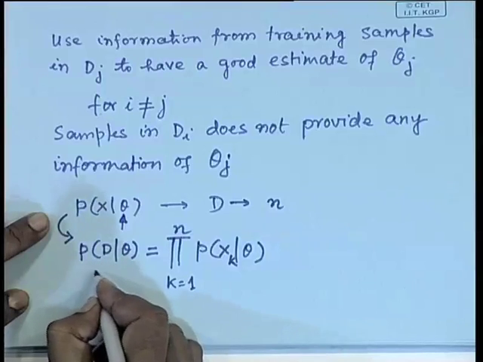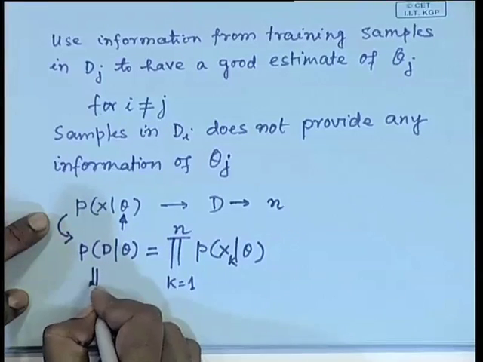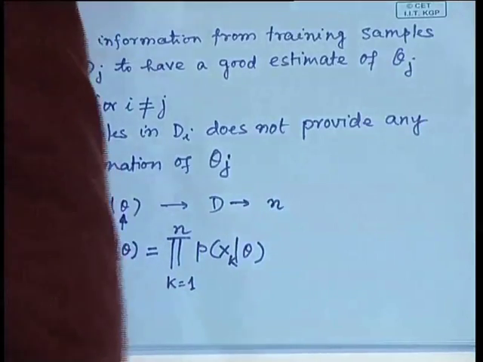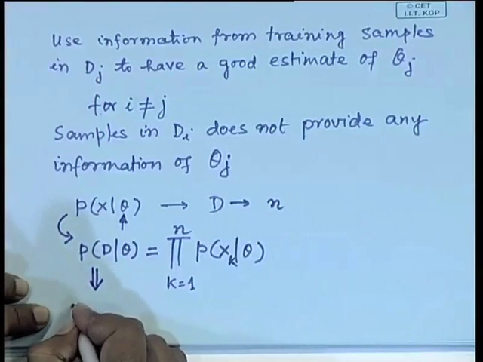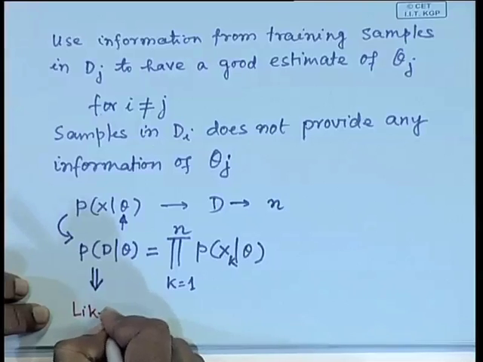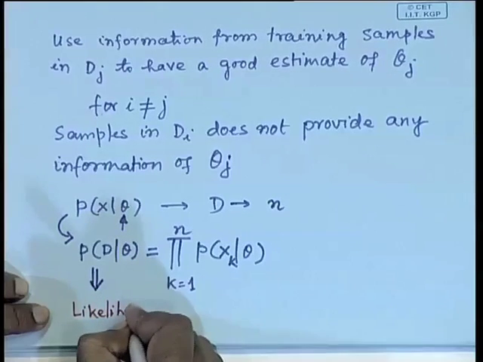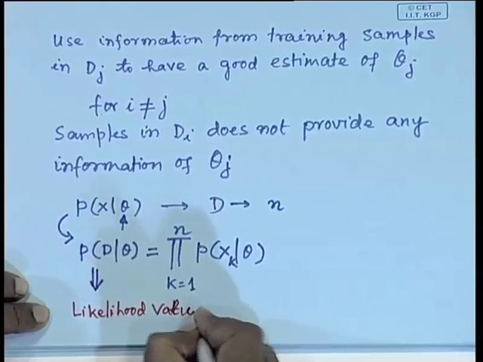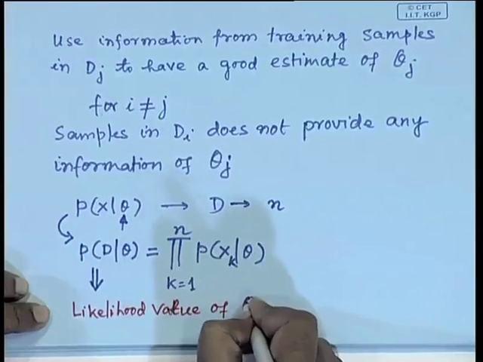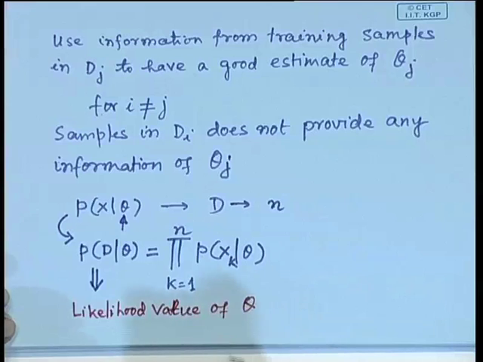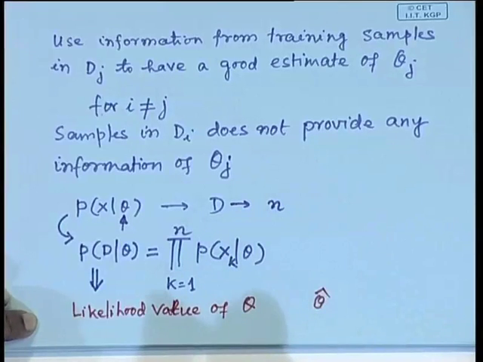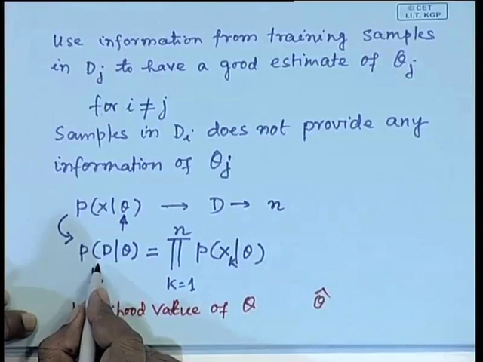And this term P D given theta is what is known as the likelihood value of theta. The maximum likelihood estimate of theta is the value, say theta hat, which maximizes this function.